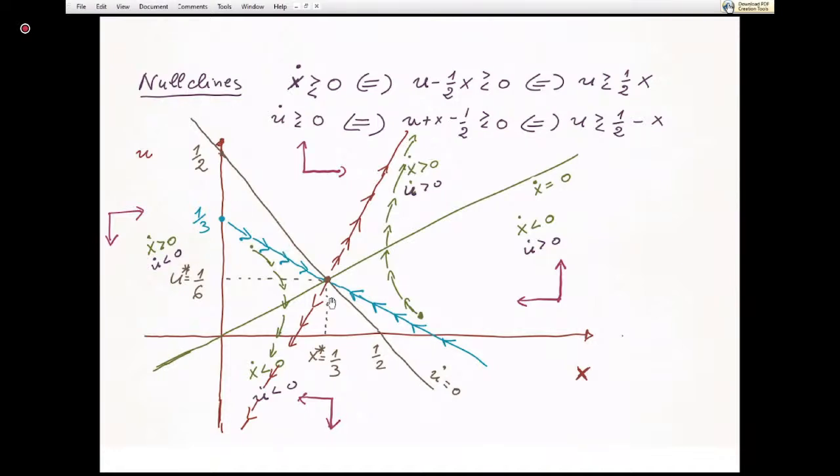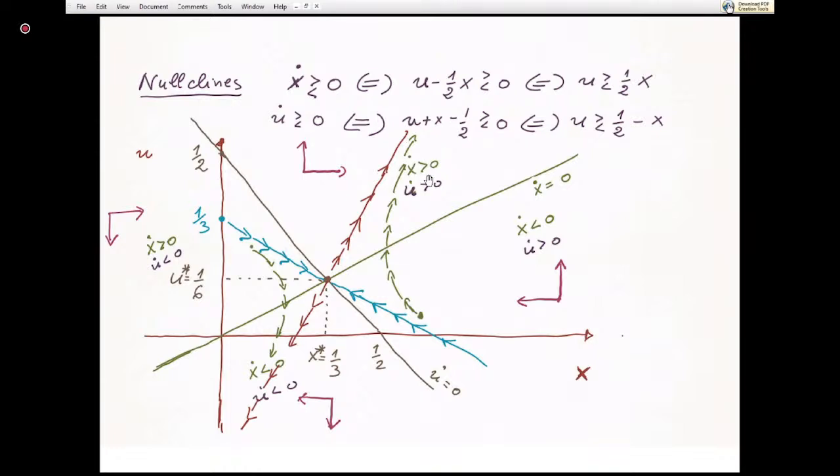Below and on the left of this line, u decreases over time, on the right, u increases over time. So basically, we have divided the plane in 4 regions, each characterized by a given direction of motion of both variables. In this portion, both x and u increase.